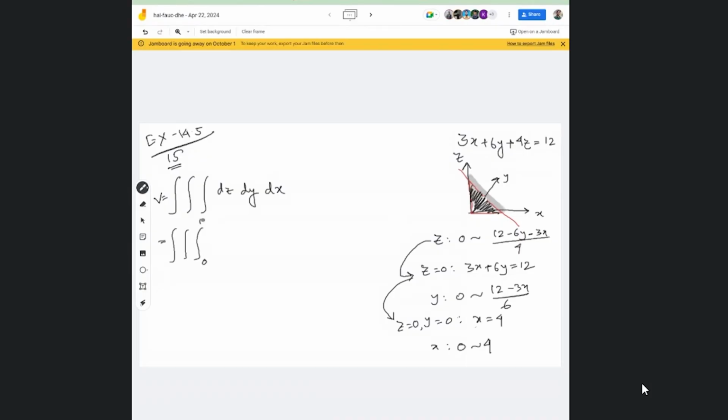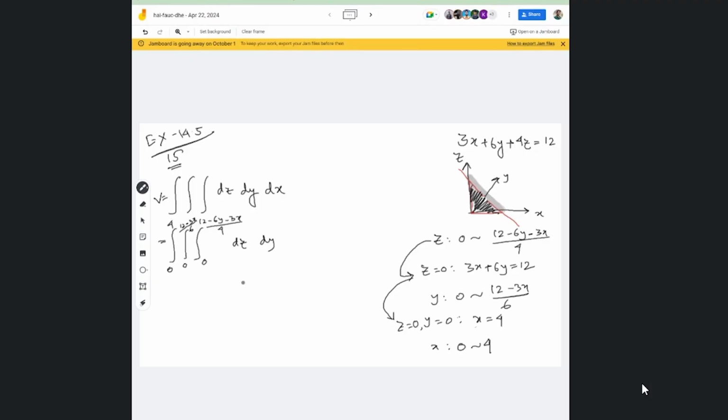So z goes from 0 to 12 minus 6y minus 3x over 4. We take the integration with respect to z first. Then y goes from 0 to 12 minus 3x over 6, and x goes from 0 to 4.